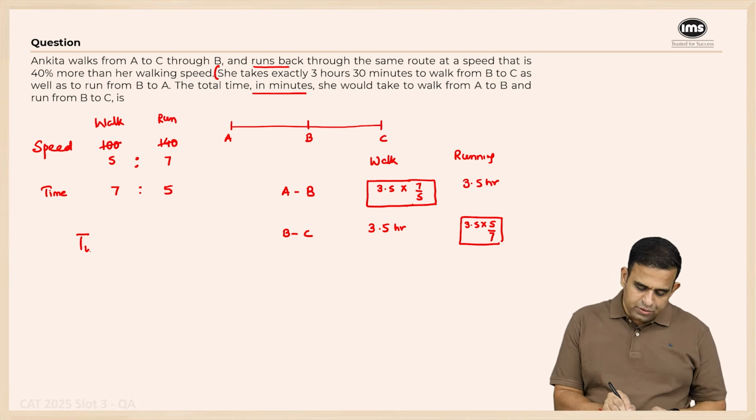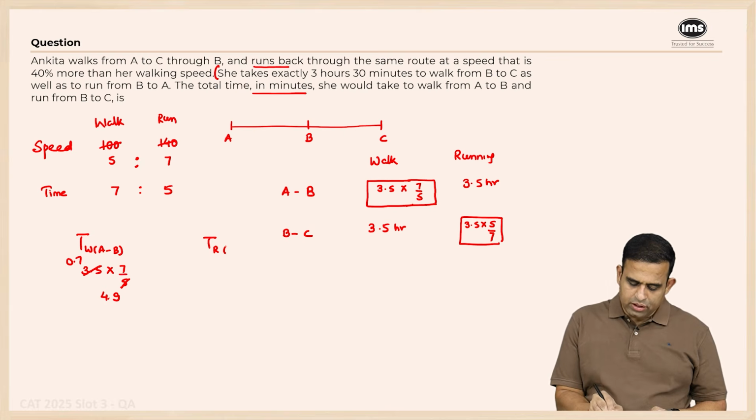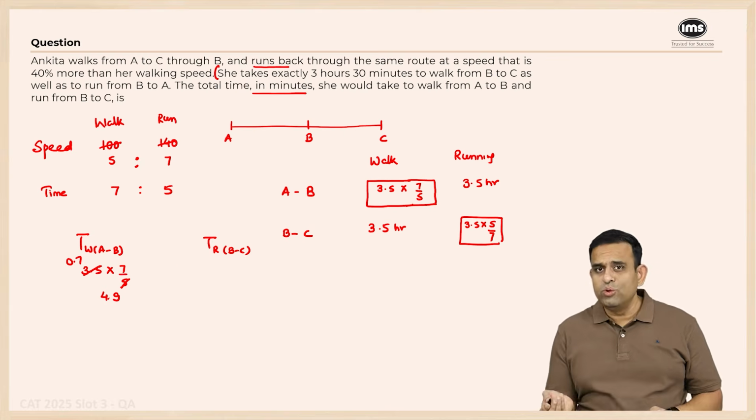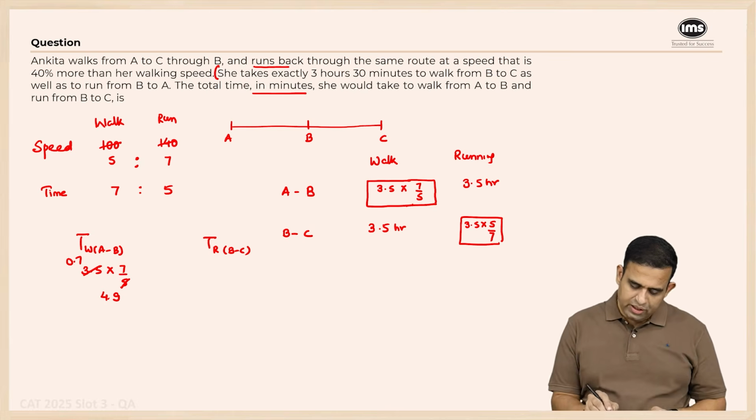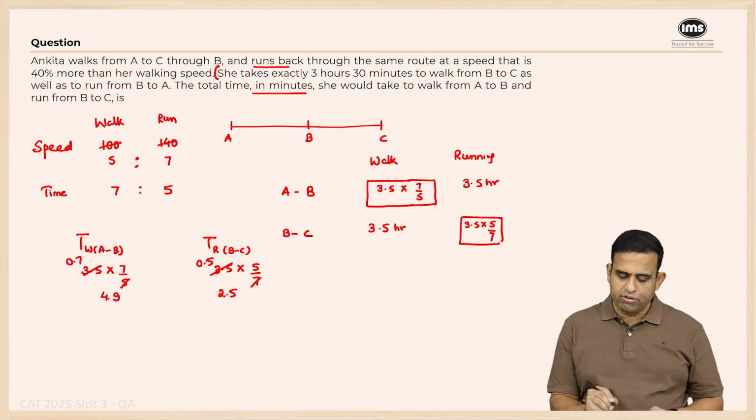So now if I just try to add them up, look at this particular part: the time to walk from A to B is 3.5 into 7/5. This is going to become 4.9 hours. And the time for running to cover the B to C distance will be equal to 3.5 into 5/7. This will become 2.5 hours.